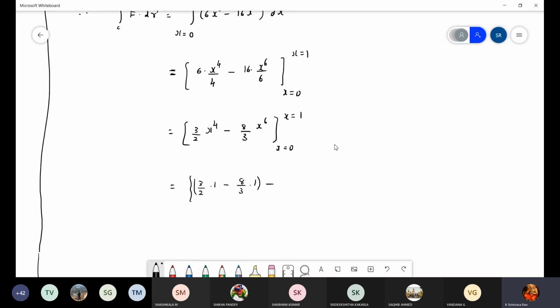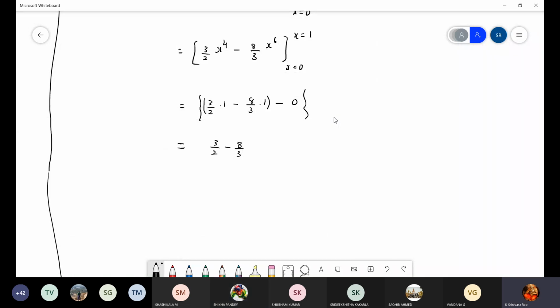This is upper limit minus lower limit, which is 0 because both terms have x, put x equal to 0. So finally what you will get is 3 by 2 minus 8 by 3. Take the LCM, 6. 2 3s are 6, 3 3s are 9 minus 3 2s are 6, 2 8s are 16. So that becomes minus 7 by 6. This is the line integral of f dot dr.